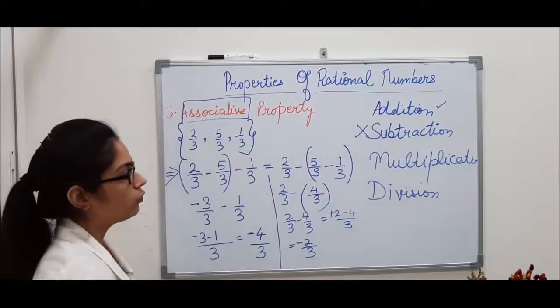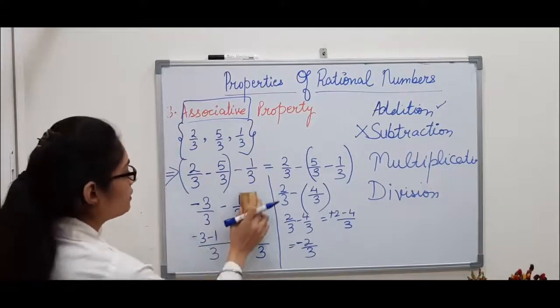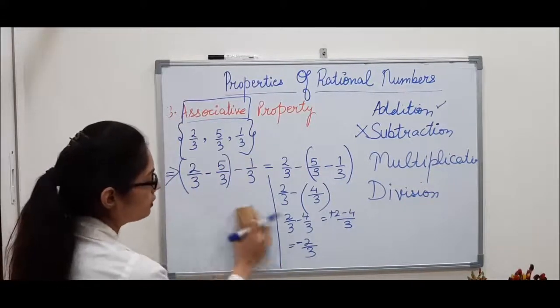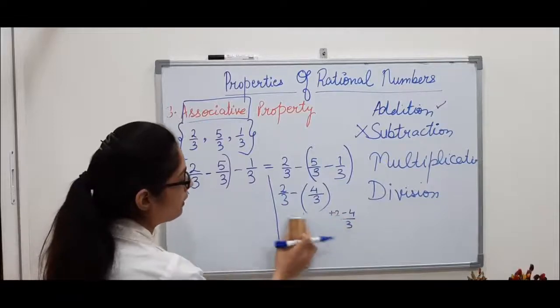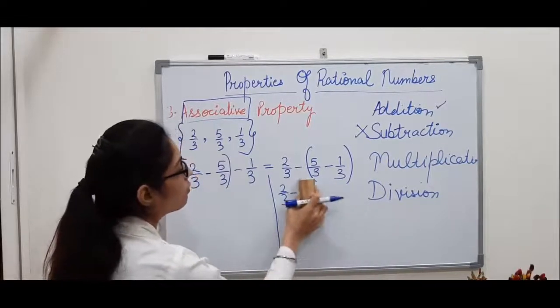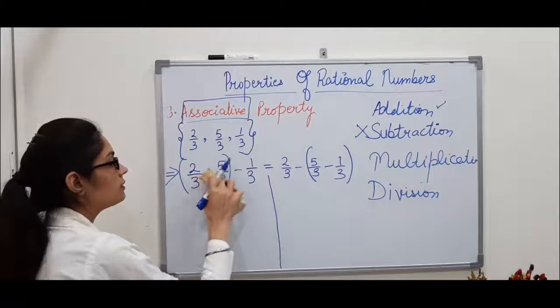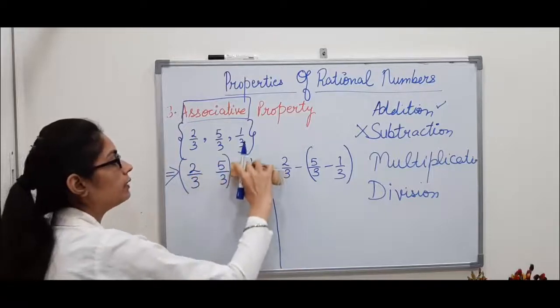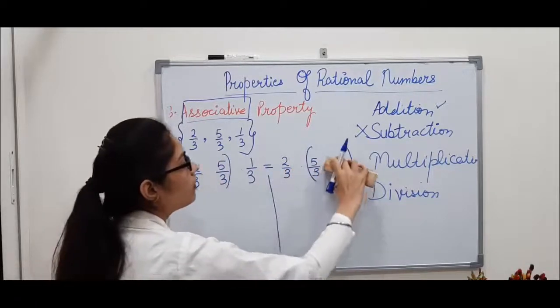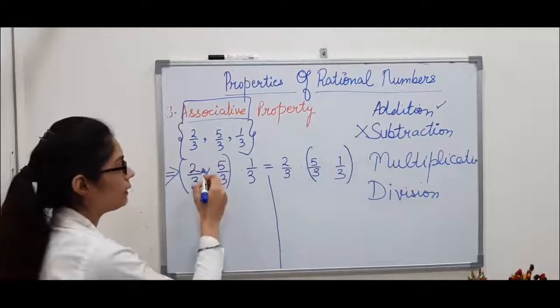Now let's find it out for multiplication. I have to write the same numbers in the same format, so I will not erase the numbers. I will just change the signs. Instead of minus signs, now I will write a sign of multiplication.